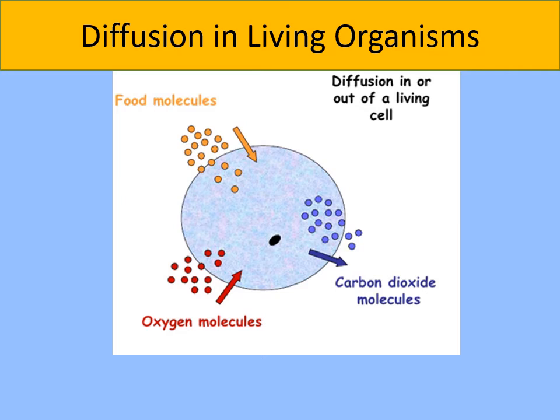That means oxygen is higher in concentration outside the cell and lower inside the cell. So diffusion will happen from higher concentration to lower concentration, and the oxygen molecules will go into the cell. Food molecules are the same. There's a higher concentration of them outside the cell, so they will diffuse into the cell.